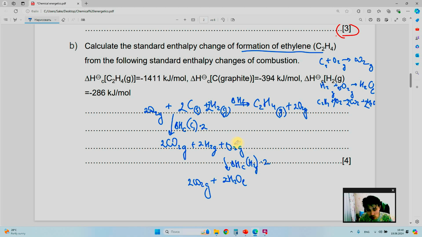So I've added 1 mole here, so I'm adding it here again. And I also need to add it here, because if you're not doing this, oxygen will not be balanced. So you won't have the same number of oxygen atoms in all of these reactions. And if you remember, that was one of the requirements for the correct cycle.